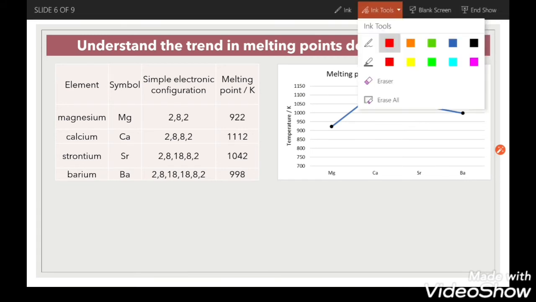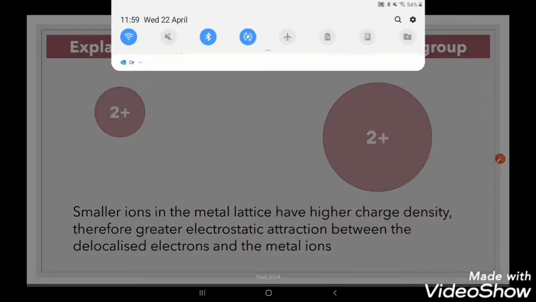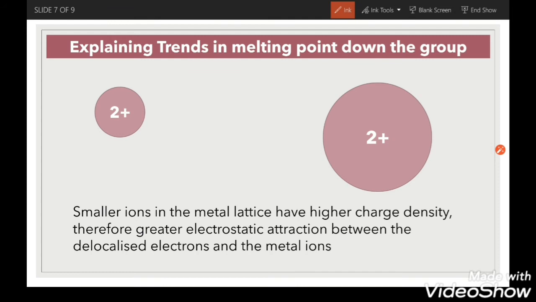Okay. So what do we need to know on these? Well, it's similar arguments to those we've looked at in the past. It's the size of the atoms that makes the difference. Up near the top of the group, our atoms are smaller.